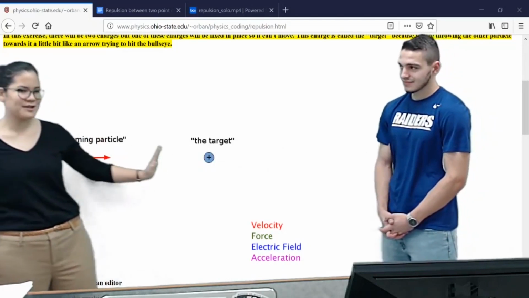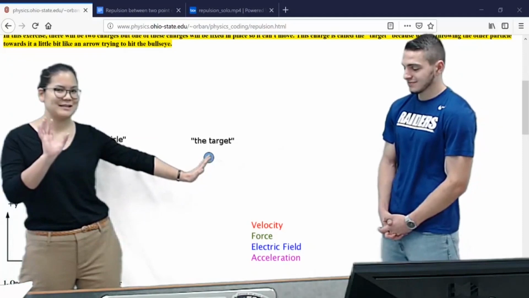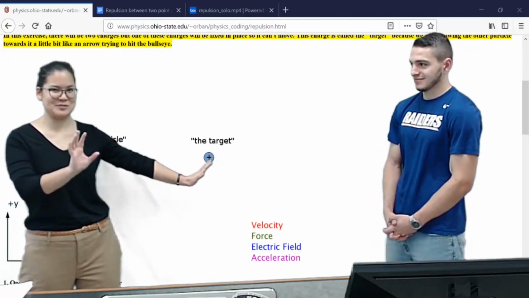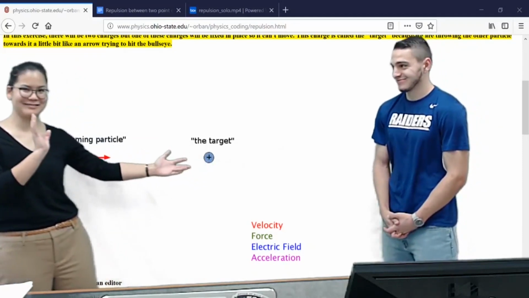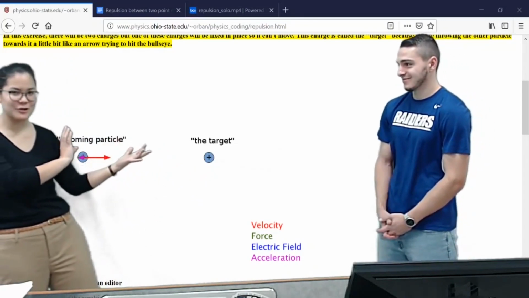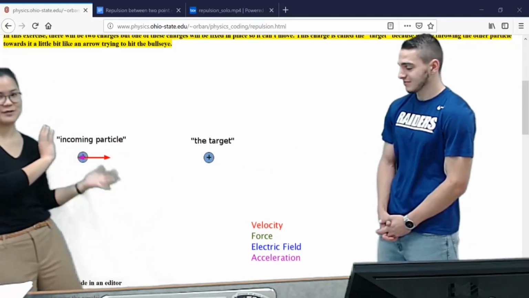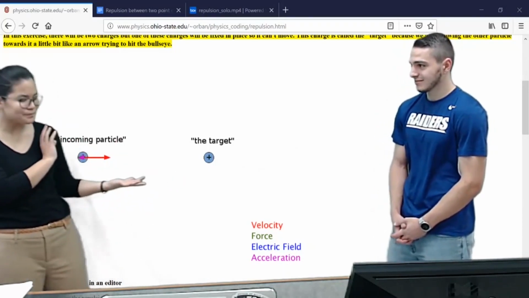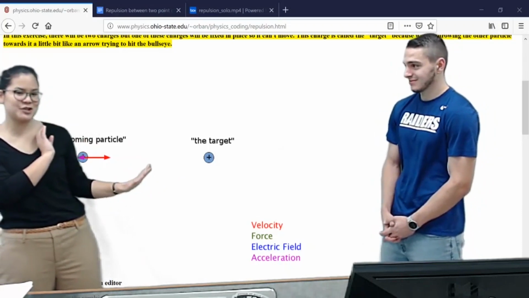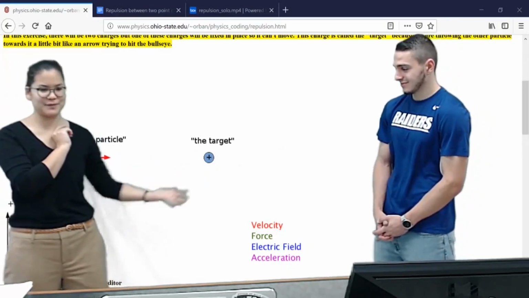For now, we're going to consider this target particle as a charge that's somehow fixed in position. Each charge would feel an electric force, that Coulombic force produced by the other charge, and so they could both be accelerated. But to make things easier initially, we're just going to keep this fixed, but it still produces its electric field.